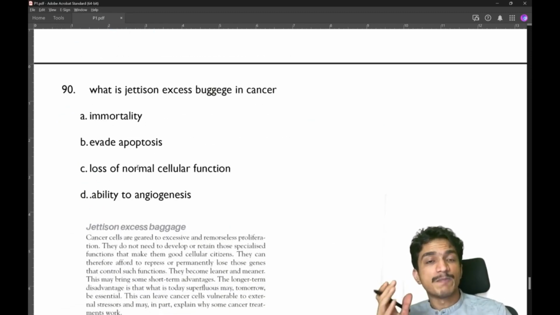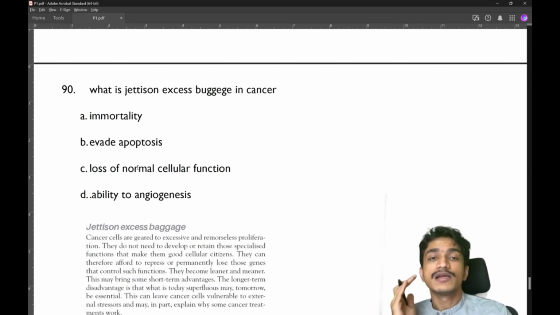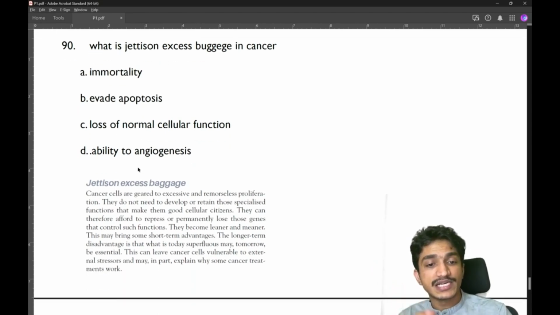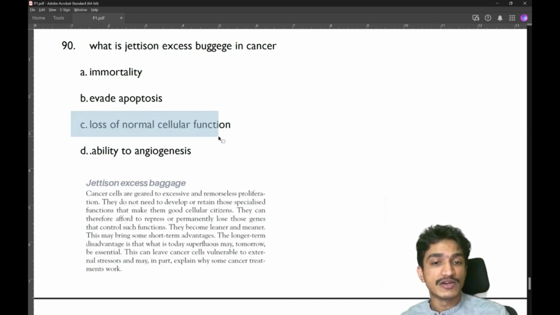Jettison excess baggage, so the terminology has been changed, pardon me for the spelling error. So this terminology has been changed from 27th edition to 28th edition in Bailey. So it is given as jettison excess baggage in 27th edition. That means that the cancer cells become leaner and stronger. So they lose the normal cellular function.